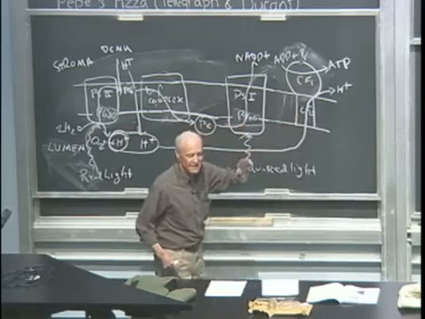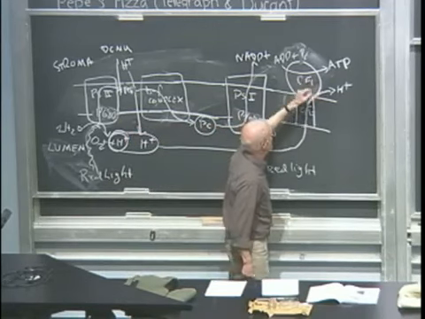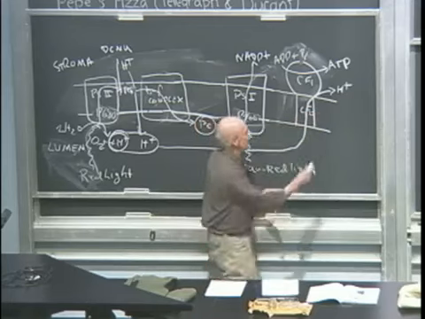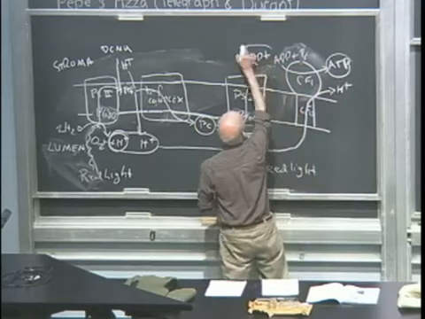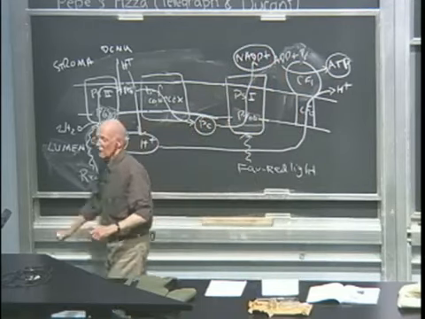This is the ATP synthase, and that enzyme can convert the gradient of protons into ATP. ATP and NADPH, the products, are formed in the stroma.